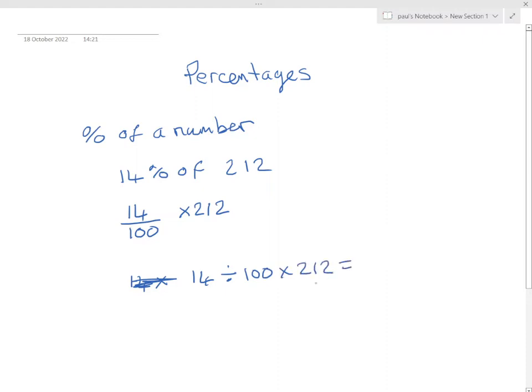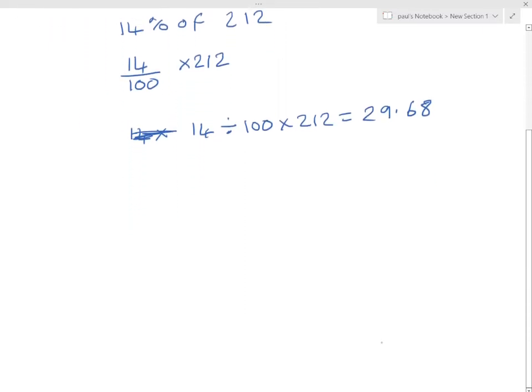So let's have a look: 14 divided by 100 times 212 equals, a bit of a weird number, 29.68. So that's a percentage of a number. And it doesn't matter what the percentage is, it's always the same routine. So bear that in mind.